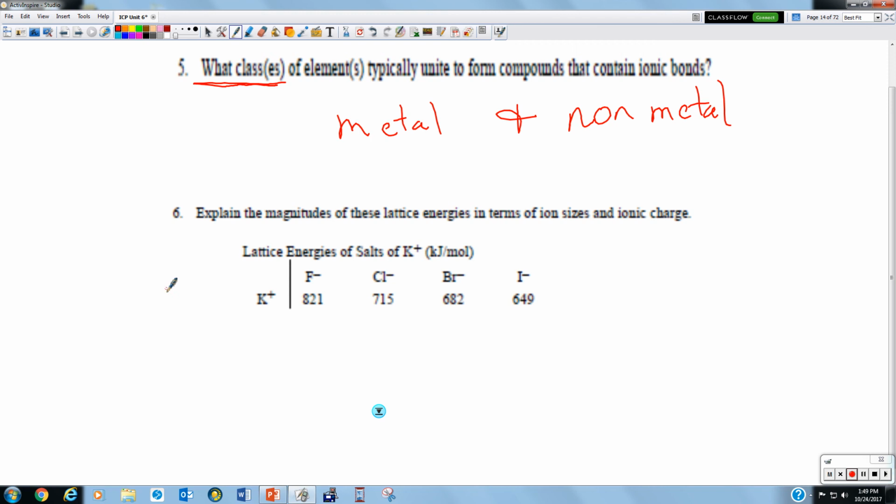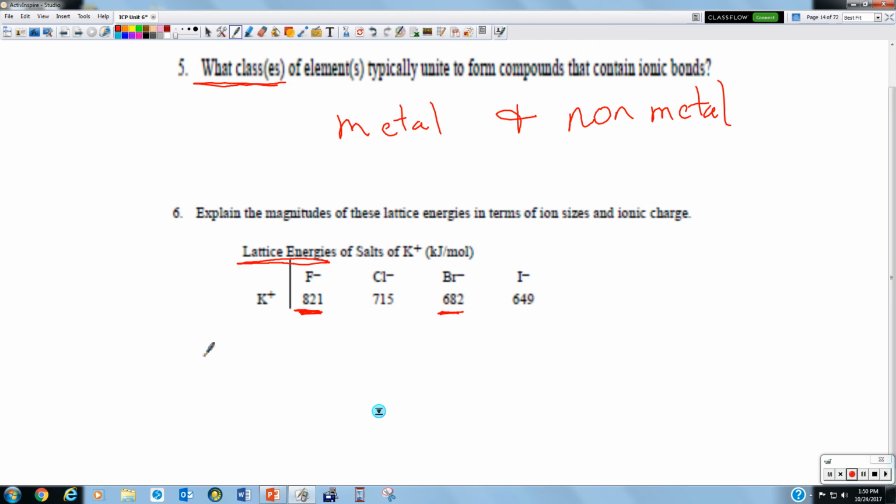So we are looking at the lattice energies of salts formed with potassium: potassium fluoride, potassium chloride, potassium bromide, and potassium iodide. Why does potassium fluoride have a lot higher lattice energy than potassium bromide?